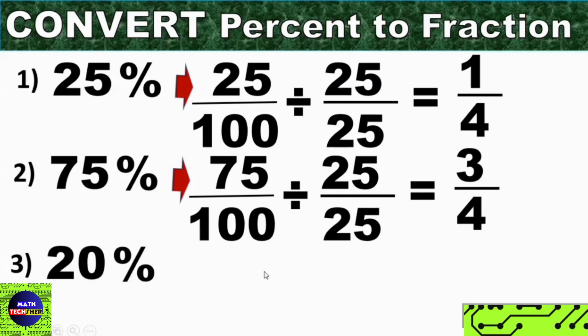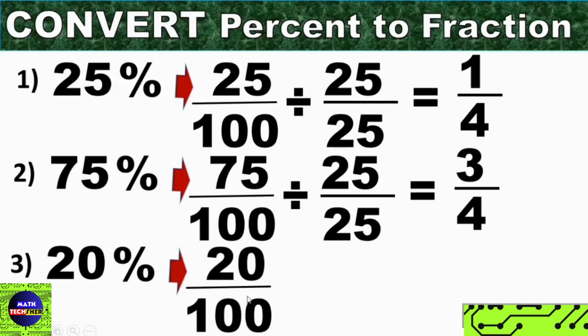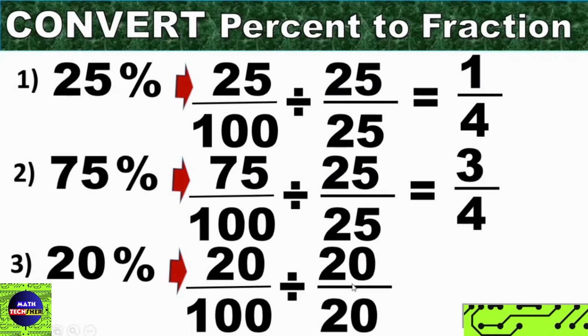Next, number 3, we have 20%. Then now we have 20 over 100. Then the greatest common factor of 20 and 100 is 20. So 20 divided by 20 is 1 and 100 divided by 20 is 5. So that is how to convert percent to fraction. Okay, now we have some examples. We have 125%.